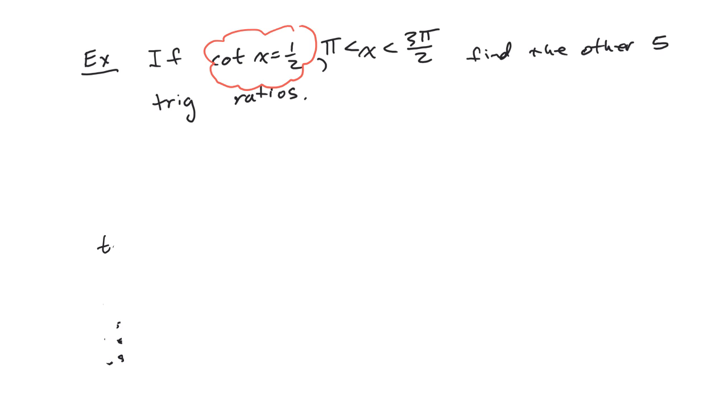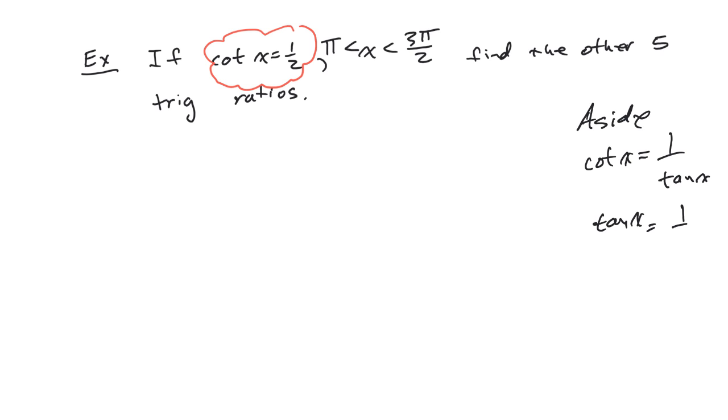Now, we're going to go through every single one, but the first thing that we have to do is, based on this original triangle, this original ratio, you got to remember this. As an aside, you know that cotan of x is equal to 1 over tan x, which really means tan of x is equal to 1 over cotan of x.